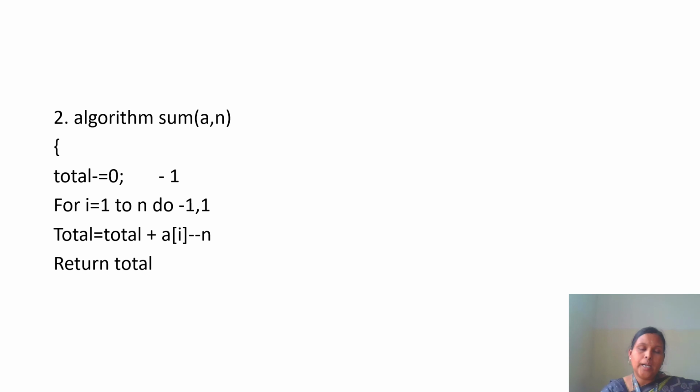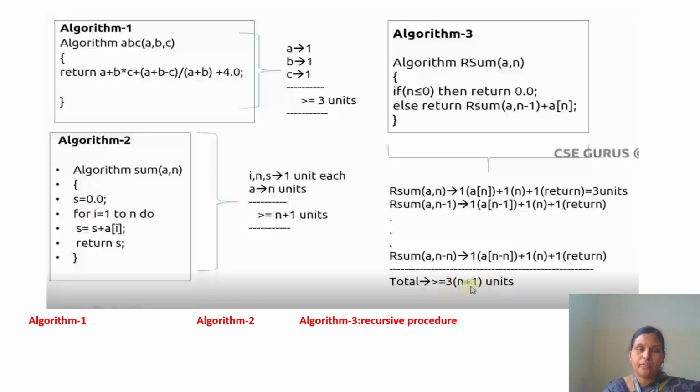In this program, if I pass the value of n as 1, this algorithm executes only one time. If I pass the n value as 10, this particular code will be executed 10 times. So the memory space required for the execution of this algorithm varies depending upon the variable n.